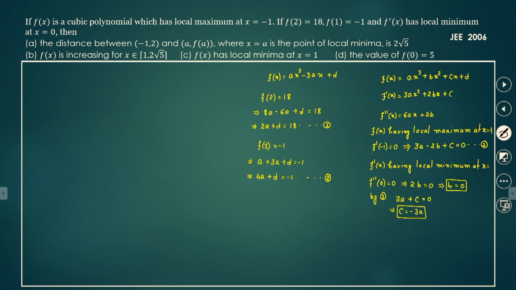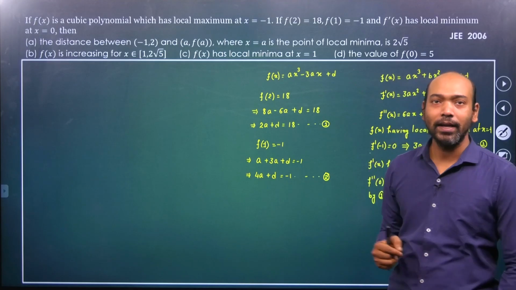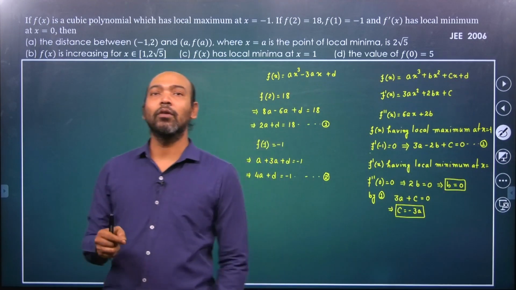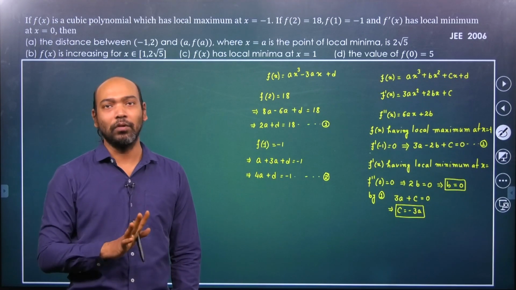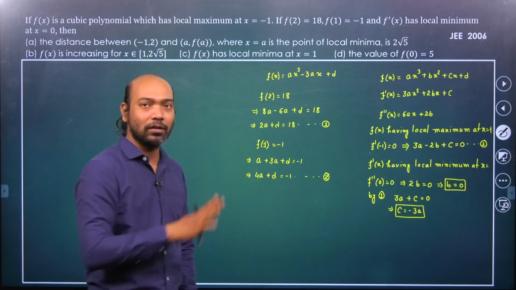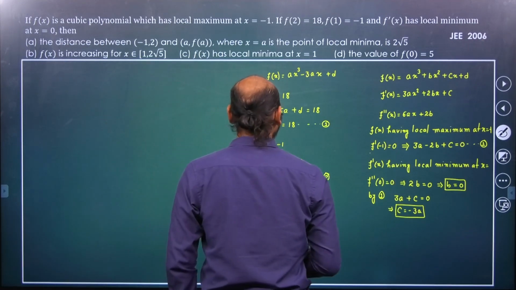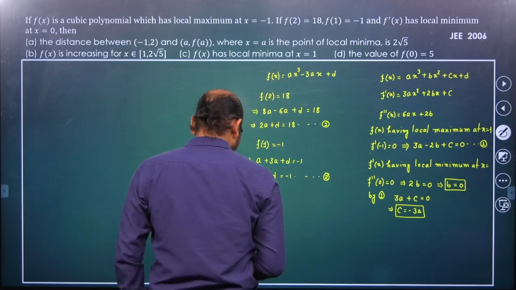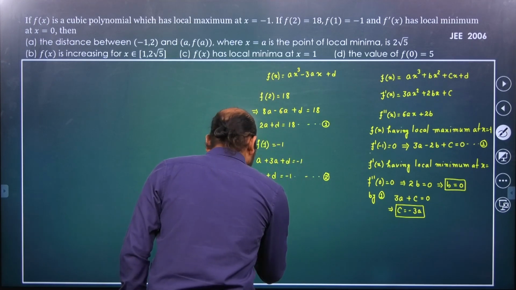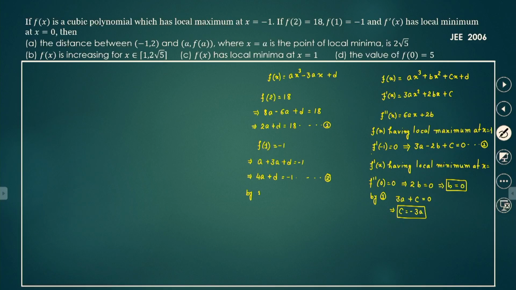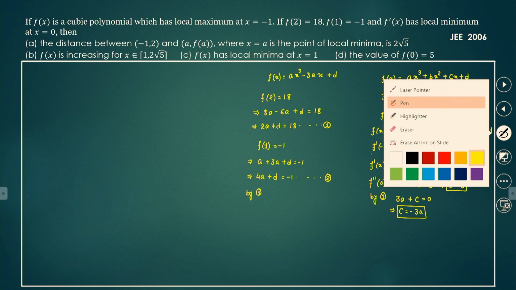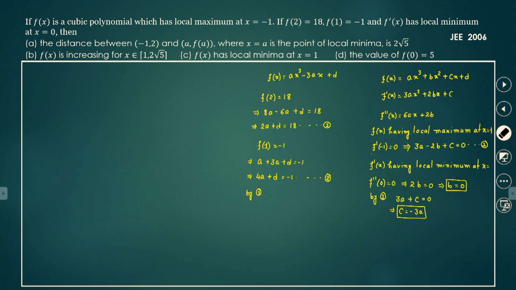Now by 1 and 2, we can easily calculate the value of a and the value of d by solving. So let's find it by subtraction and all that. By 1 and 2, okay, here I made a small sign mistake because we're substituting x equal to 1.